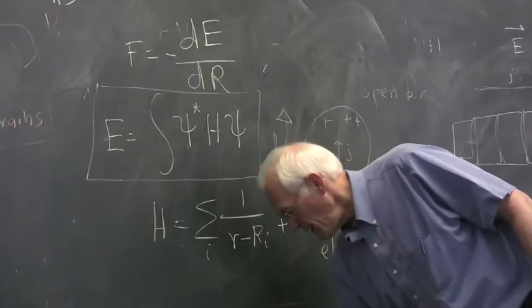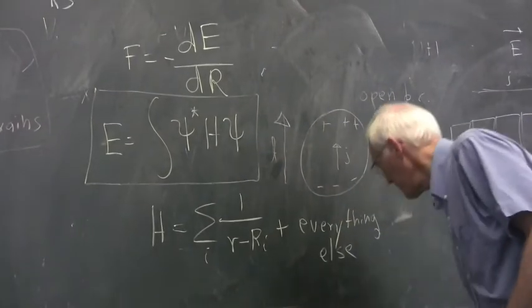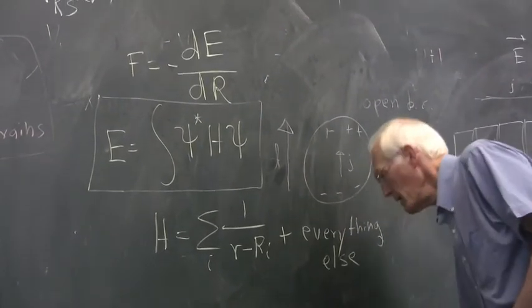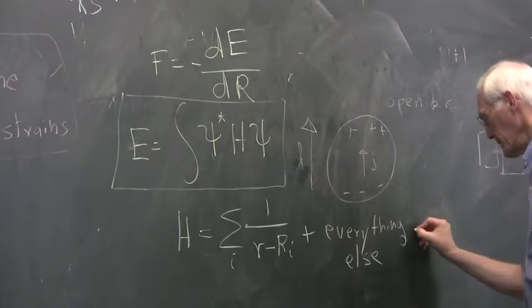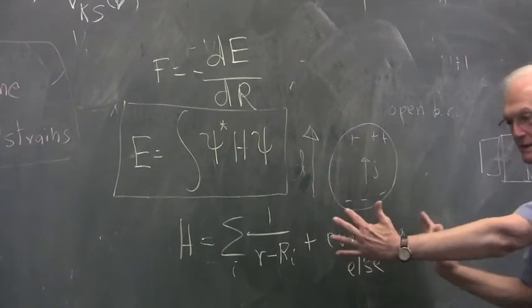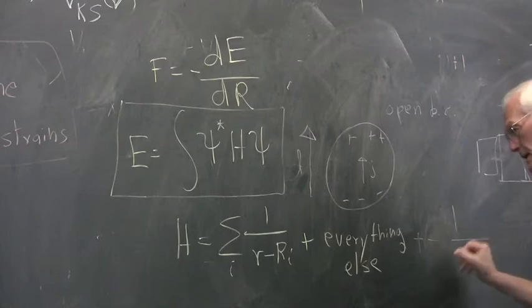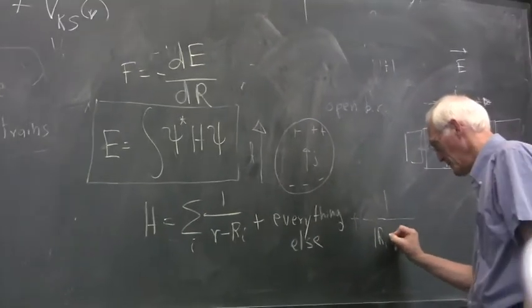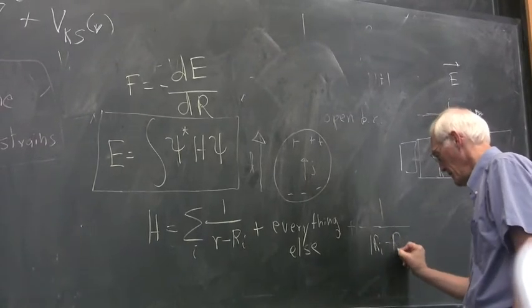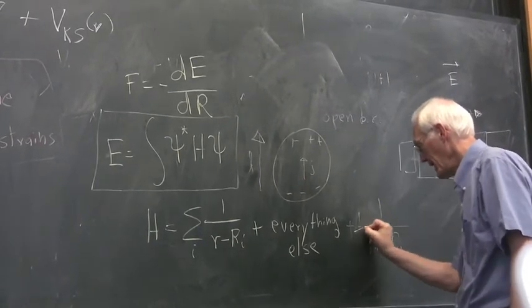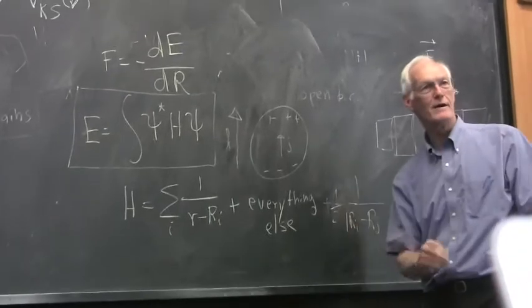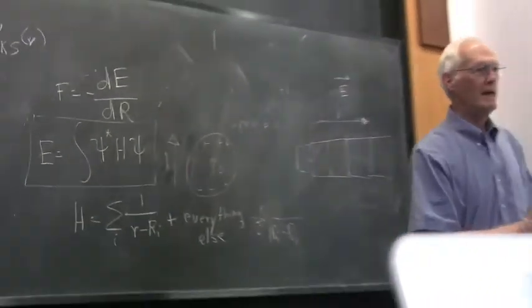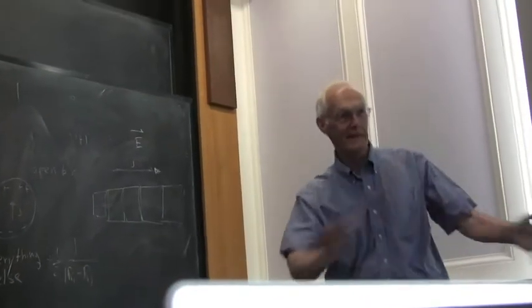And just to be clear, let me add one more term, and everything else is going to be in the middle. All the other nuclei, too. The 1/2 and the sum over all the other nuclei. And everything else is really complicated.